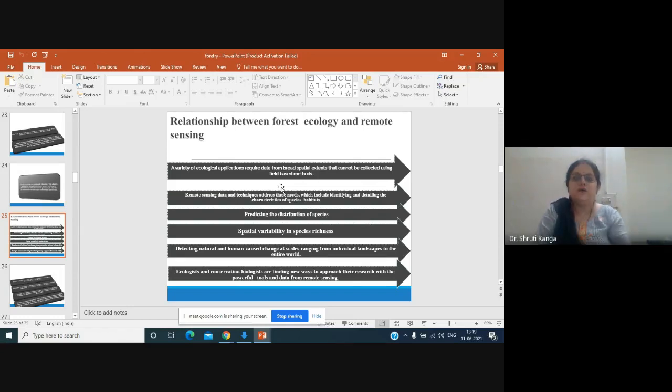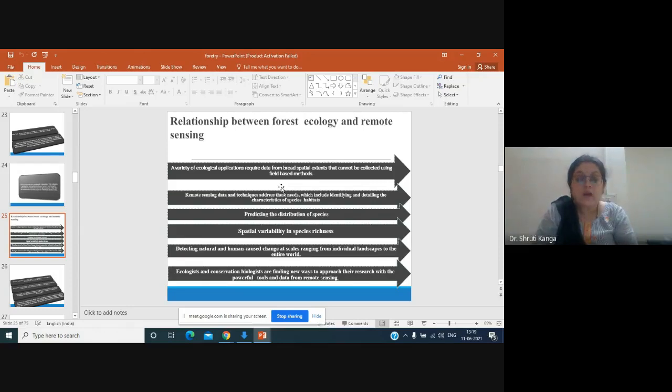Nowadays, with very high resolution data sets, we can also go for species level characterization in a particular spatial domain, or in a particular forested area. So spatial variability of species can be easily identified.